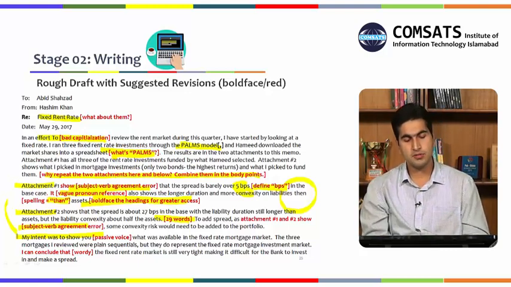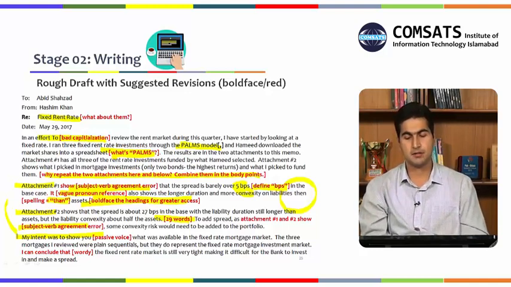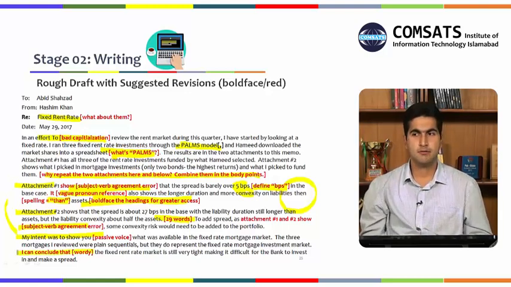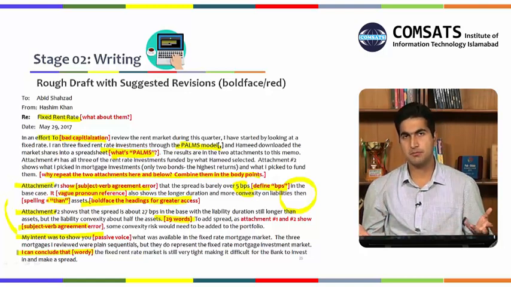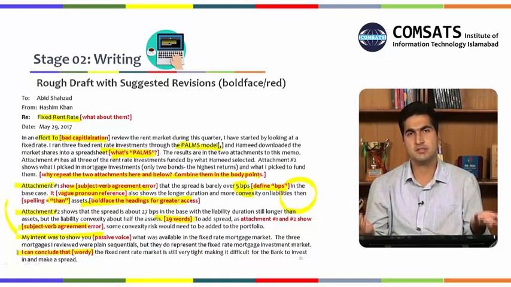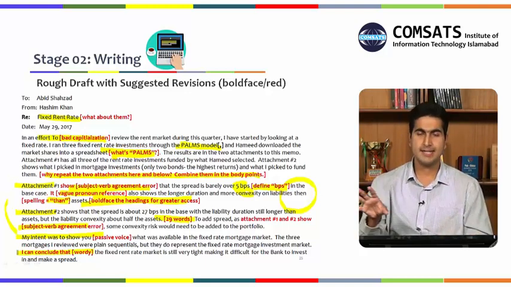I can conclude that the fixed rent rate market is still very tight, making it difficult for the bank. Again being more wordy, trying to be lengthy within your writing, which is something to be avoided, and that's why it is recommended to be short, brief, especially within a memo, which is something written in short, directly addressing the issue.